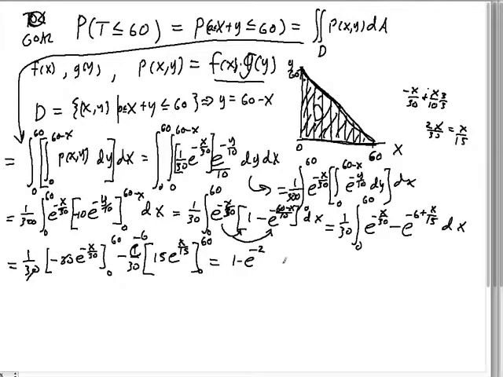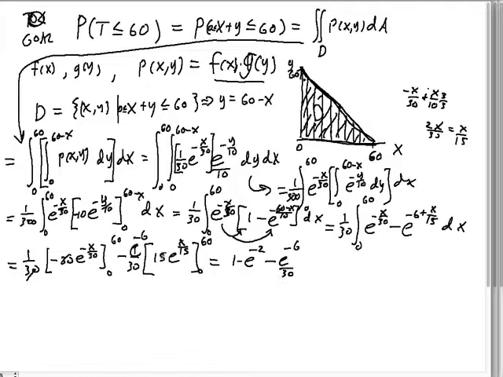Does that look good? Yes, that looks good. And then finally we also have a negative. We have an e to the negative 6 right there, over 30.